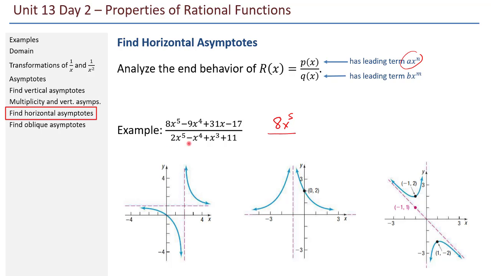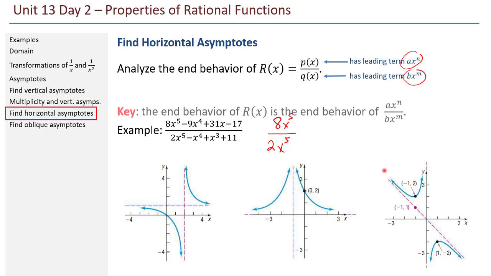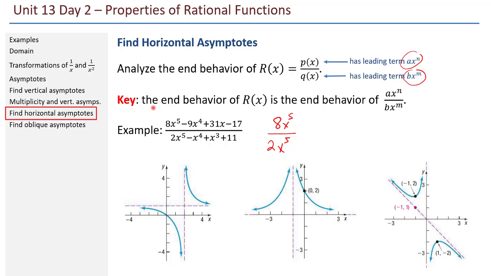And the leading term on the bottom is 2x to the 5th. So that's my bx to the m. Now, the key idea behind analyzing rational functions is that the end behavior of the rational function is the same as the end behavior of ax to the n over bx to the m. So by analyzing this, I know the end behavior of my rational function.